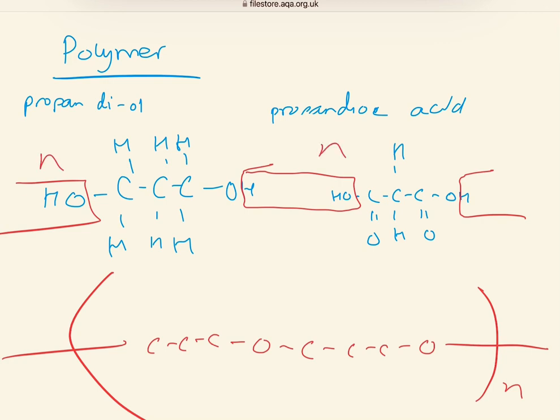And then in between I just fill in the gaps. So H, H, H, double bond O, H, double bond O, H. And this is actually a polyester.